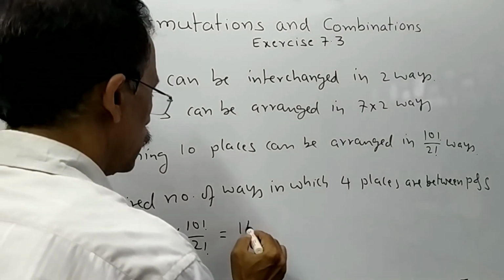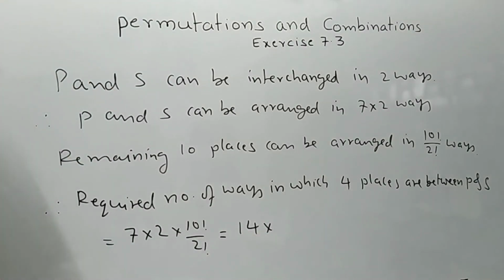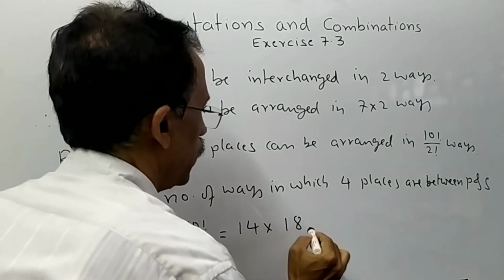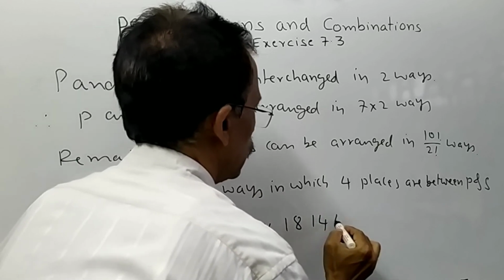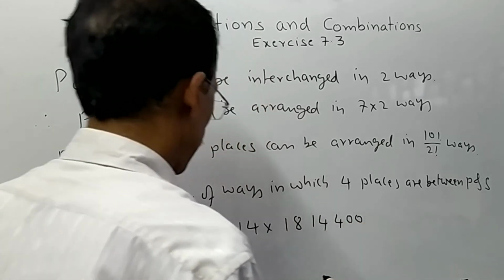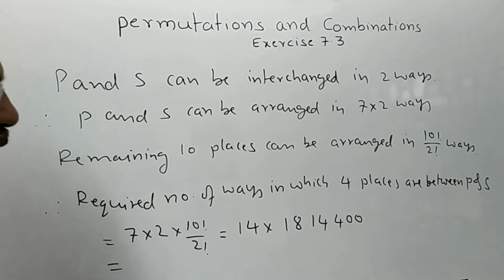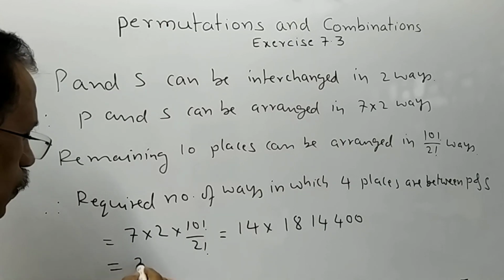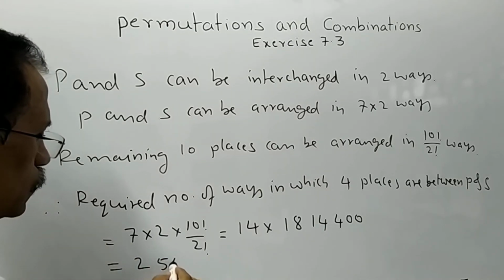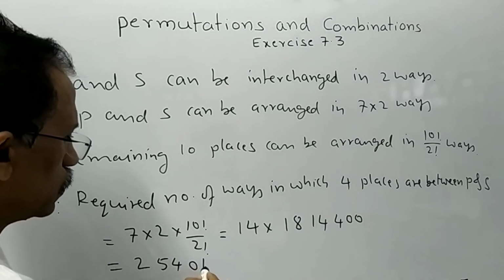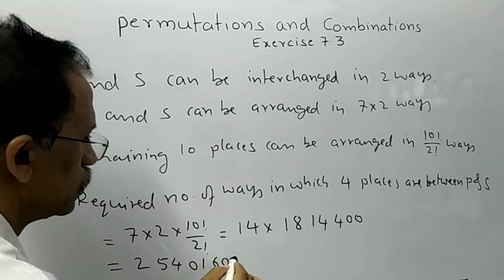That is 14 into 18 lakh 14,400, is equal to... What is the product? That is 2 crores 54 lakh 1,600.